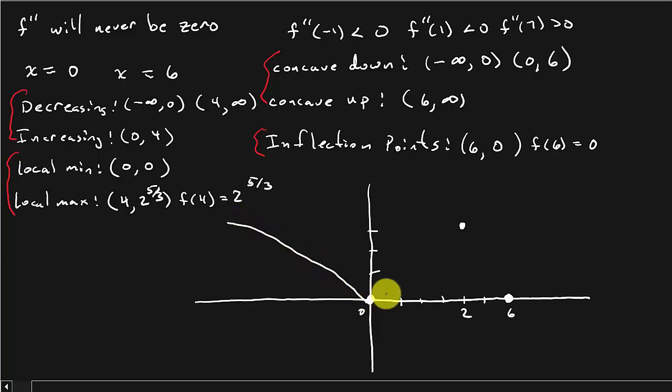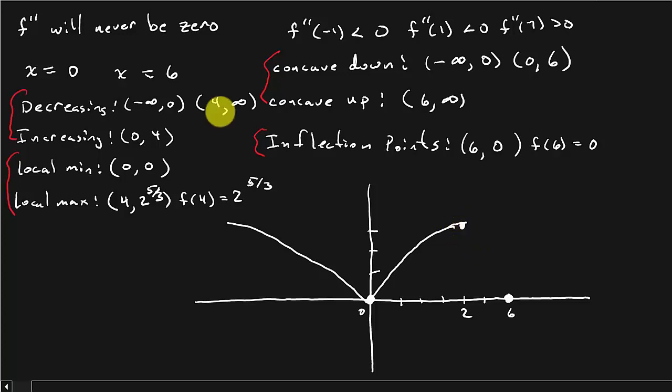It's concave down, but then at 0 it starts increasing again. From 0 to 6 it's concave down, so it's going to come in like this. You see that? And there's our maximum.